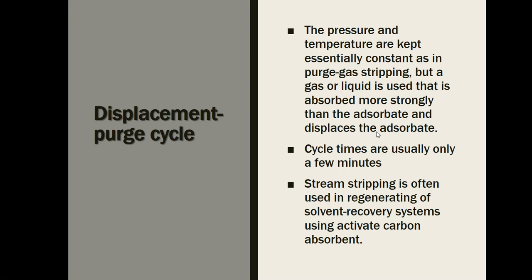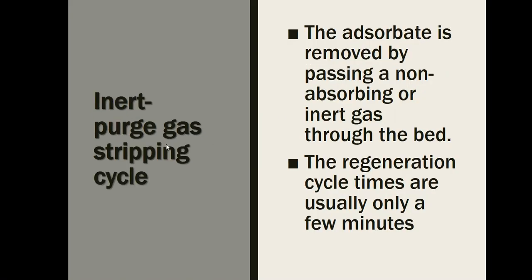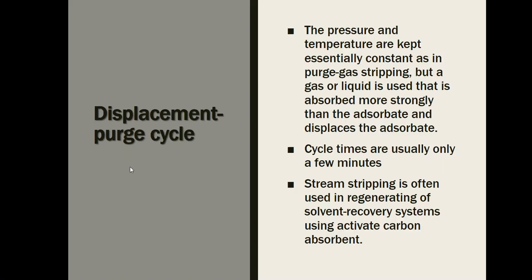So take note, the inert purge gas stripping cycle uses an inert gas that won't get adsorbed in the matrix of your adsorbent, while this one, at constant temperature and pressure, uses a gas that will get adsorbed. The purpose is for that gas to displace the adsorbate in your adsorbent. Since it gets adsorbed, it will displace the adsorbate on the surface. Now cycle times here are only a few minutes, so even shorter than the temperature or thermal cycle.